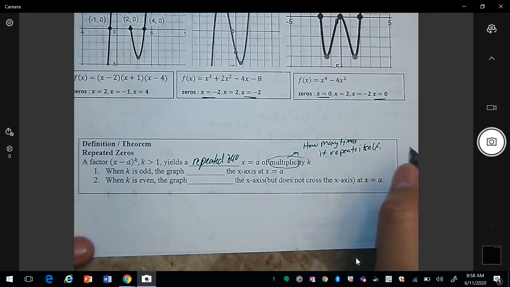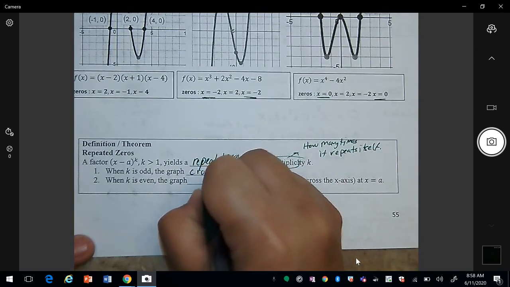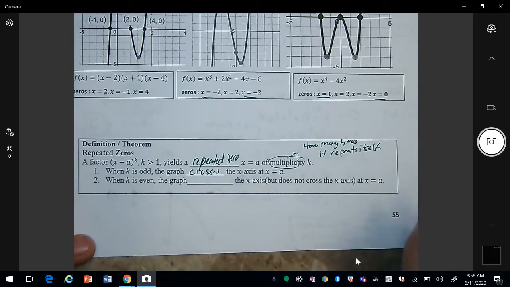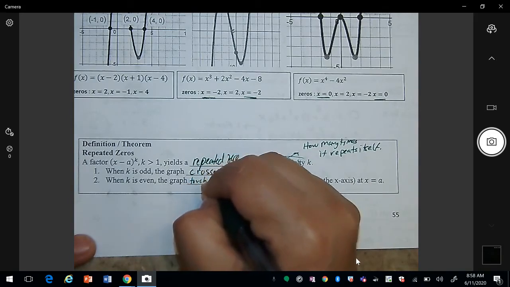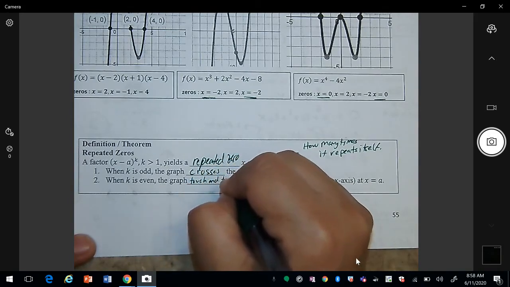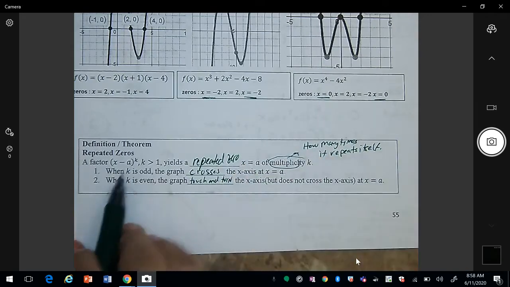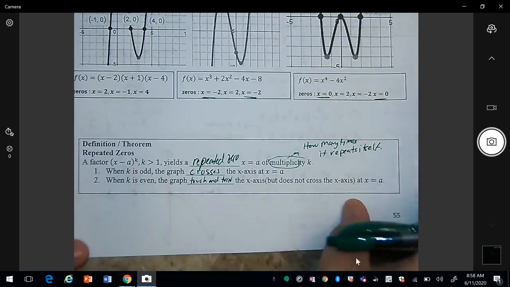When k is odd, the graph crosses the x-axis, and when k is even, the graph is going to touch and turn. Okay, and so k is just the degree of the factor. So we'll look at some examples.